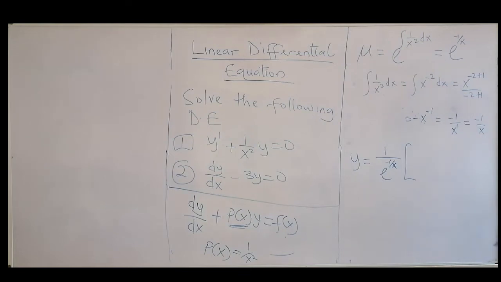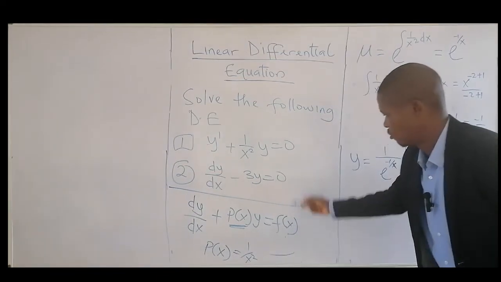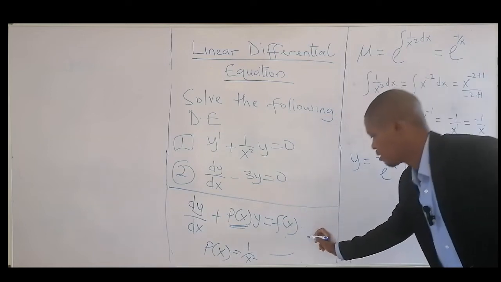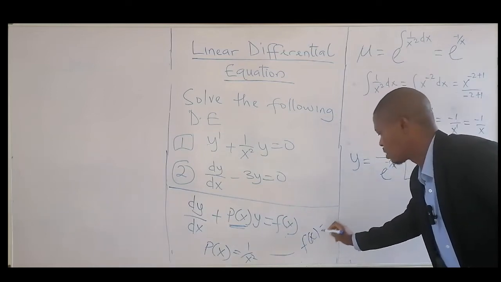Open your brackets, which will be equal to the integral of the integral factor e^(-1/x) times f of x. Once you correlate the question to the standard formula, you can see your f of x is 0.